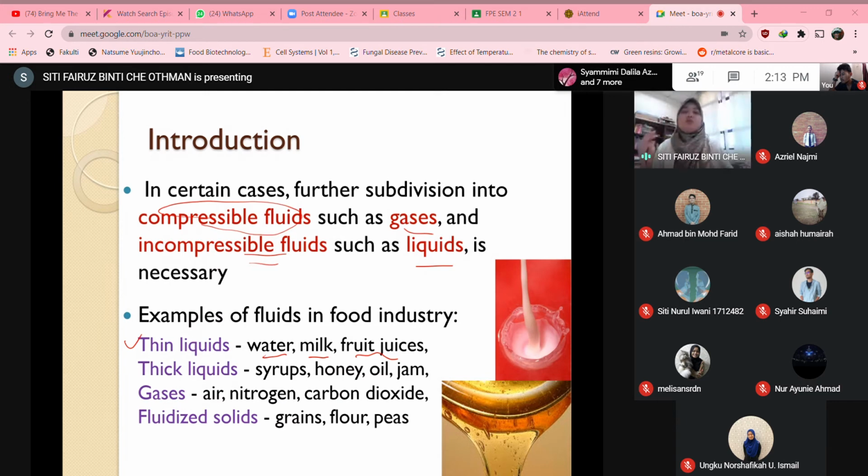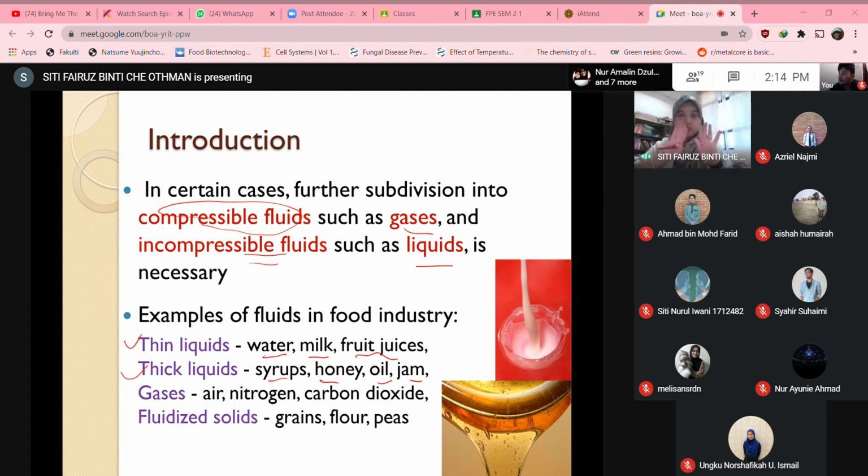Sometimes if you transfer from one unit of operation to another, you won't have much trouble. But when you start dealing with thick liquids like syrups, honey, oil and jam, and you want to transfer from one unit of operation to another, then as I told you before, you need some kind of assistance, like pumps.